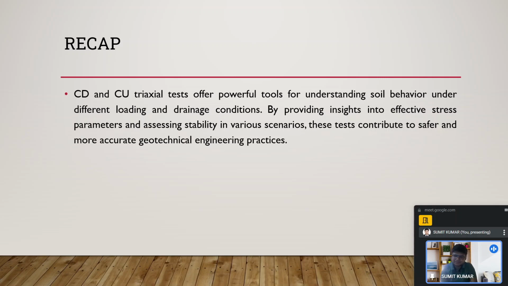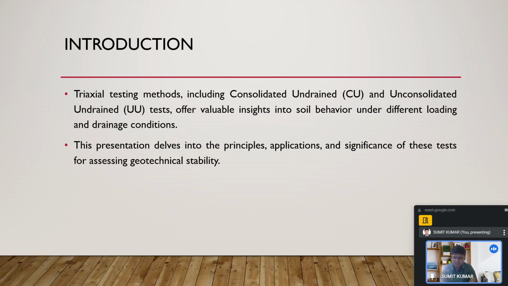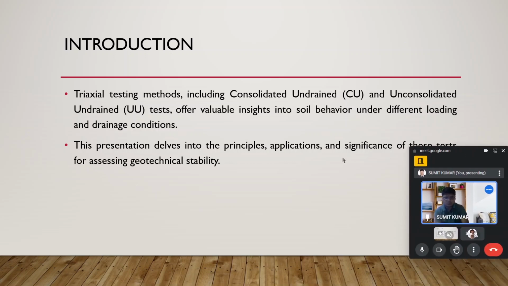Moving ahead, now we will understand the CU and UU triaxial tests for geotechnical analysis. First of all, in this section we will understand some of the basic aspects before going into more detail.